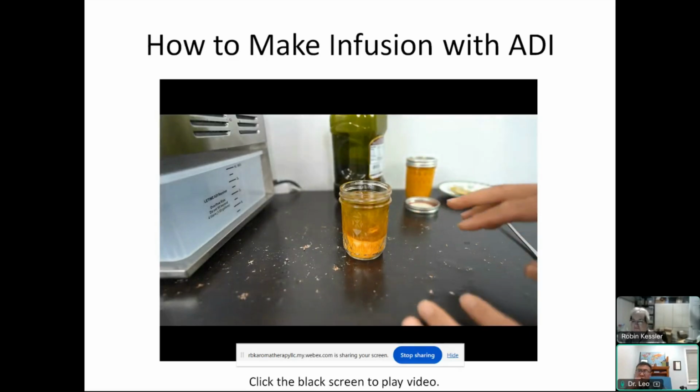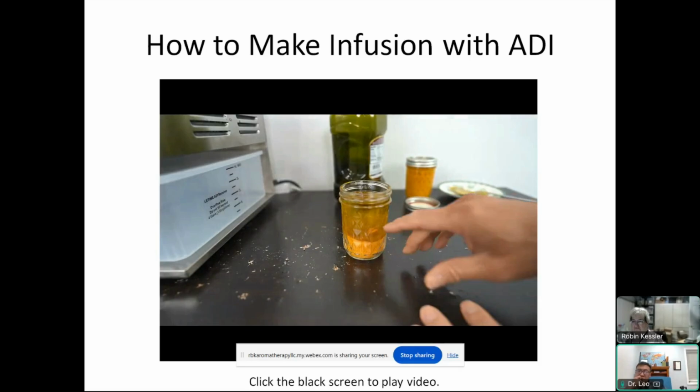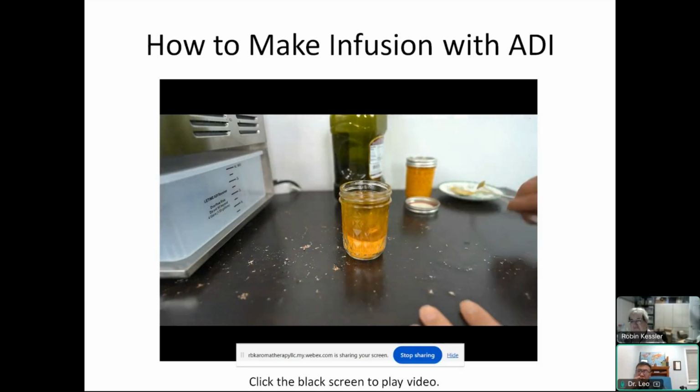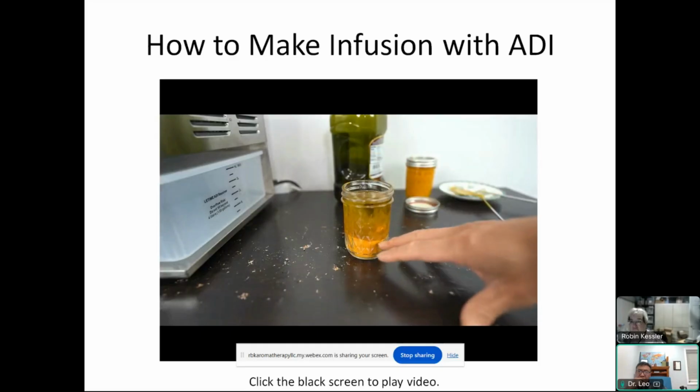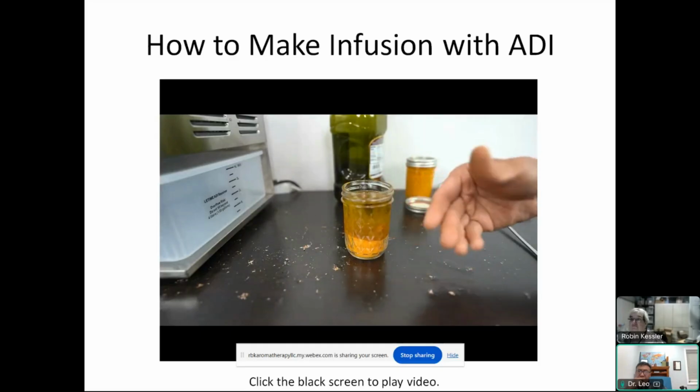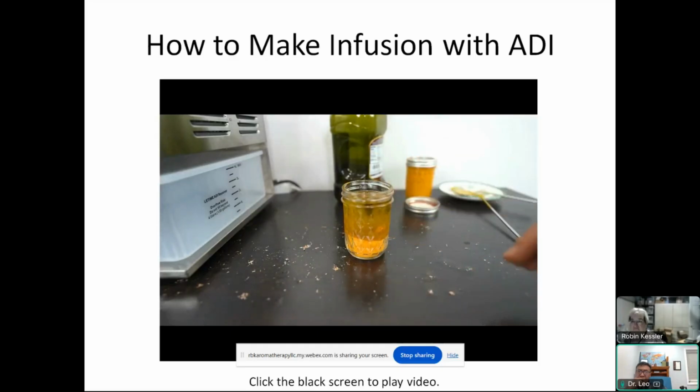What it does is add a little bit of alcohol in the beginning before adding the oil. Its technical term is wetting. It gets the herb ready to be soaked by the oil.